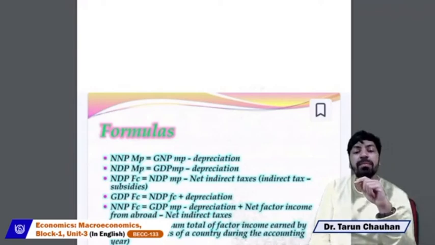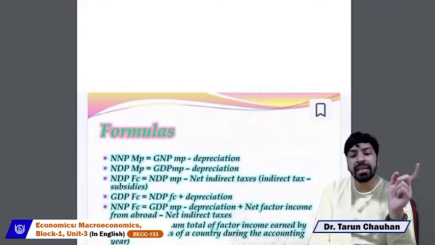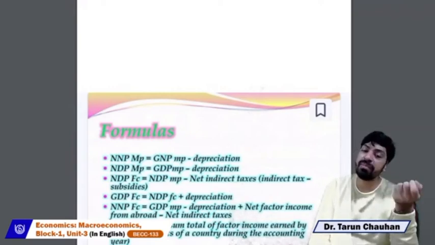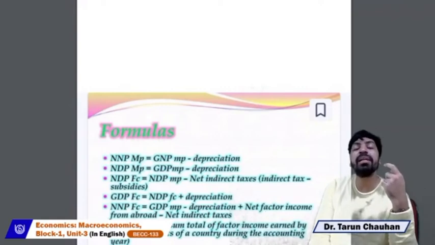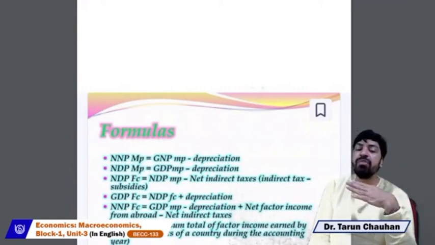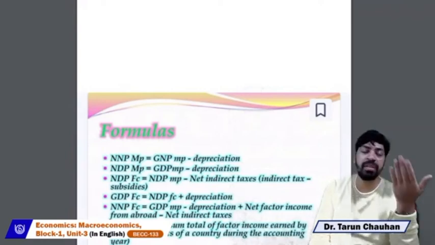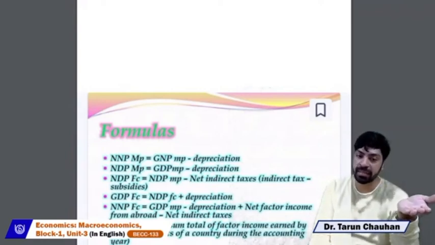When you go from domestic to net, automatically you have to add the net factor income from abroad. If you go from market price to factor cost, you have to deduct the net indirect taxes.